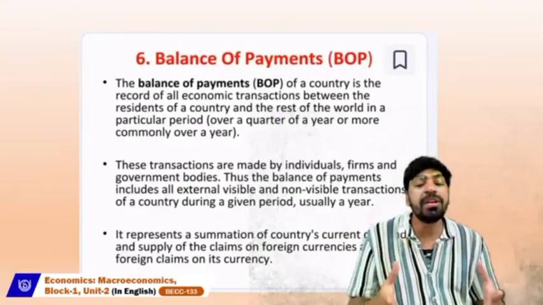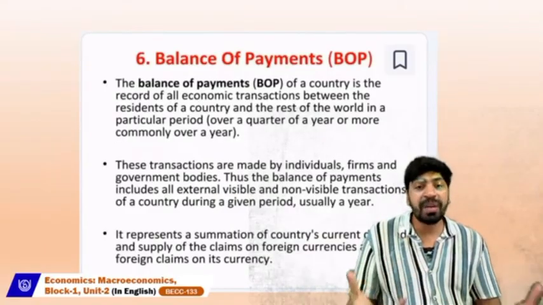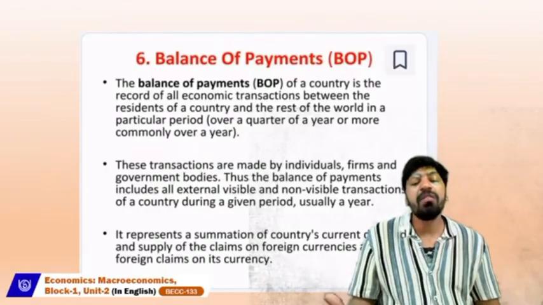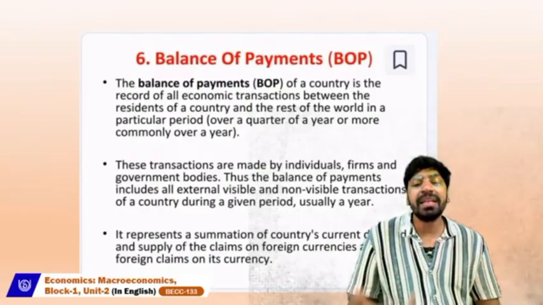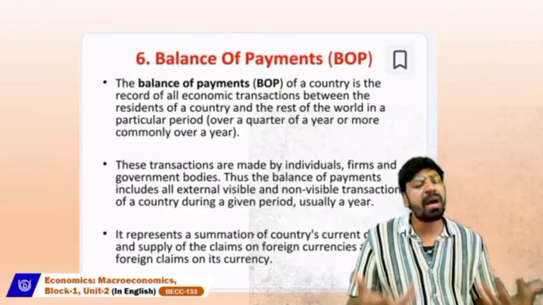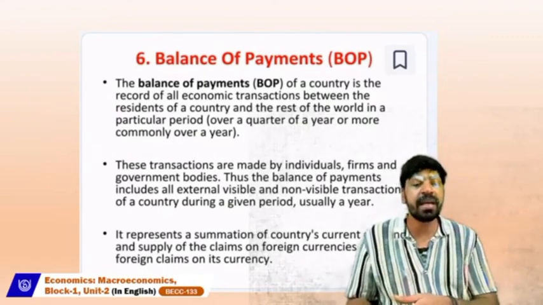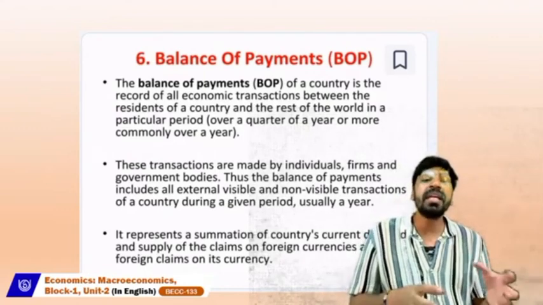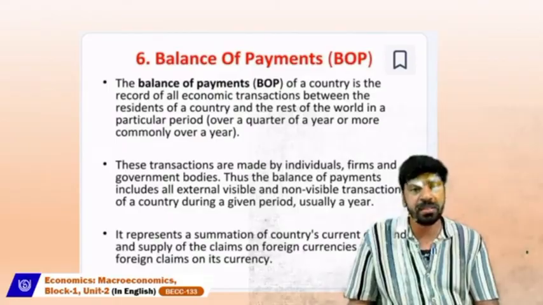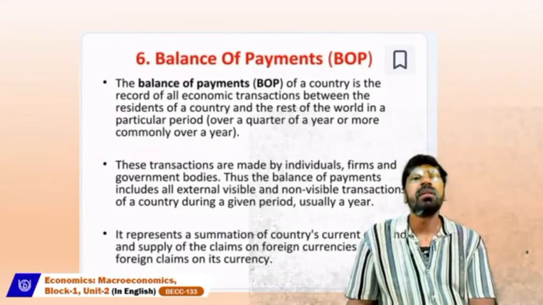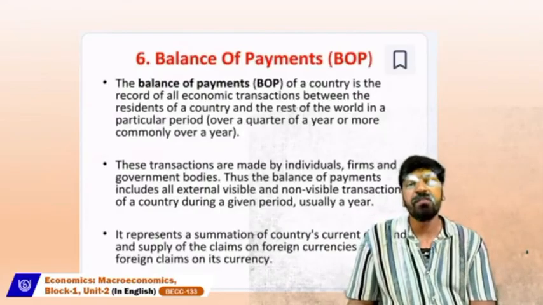If the host country trades any consumer products, say tea, the demand and supply of course deal in foreign currencies, and of course the foreign claims on its currency, and that's the overview of the balance of payments.